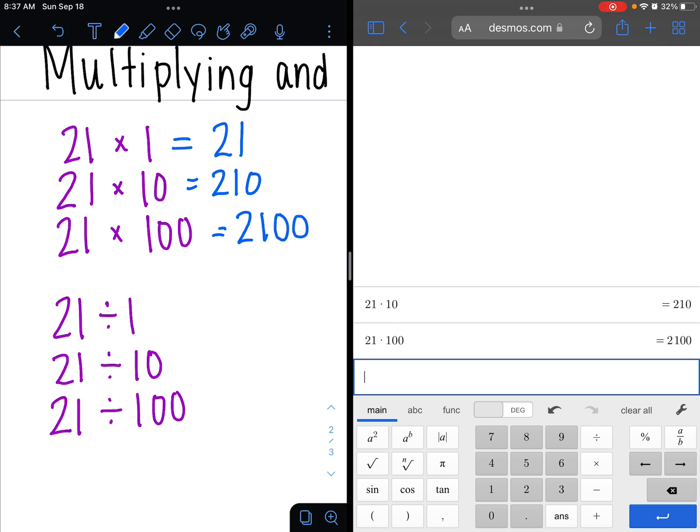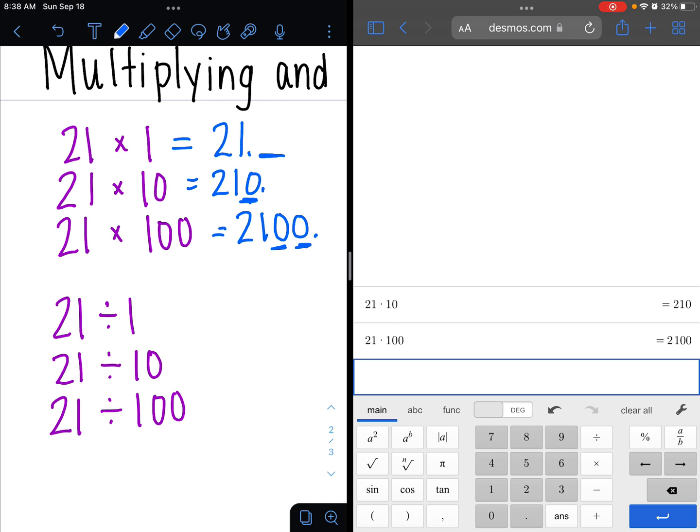So we can put in a decimal there to show what's happening. It's getting bigger. We're adding a 0 every time. So when we multiplied by 1, no 0, nothing changed. When we multiplied by 10, we added a 0 to the right side of that 1.